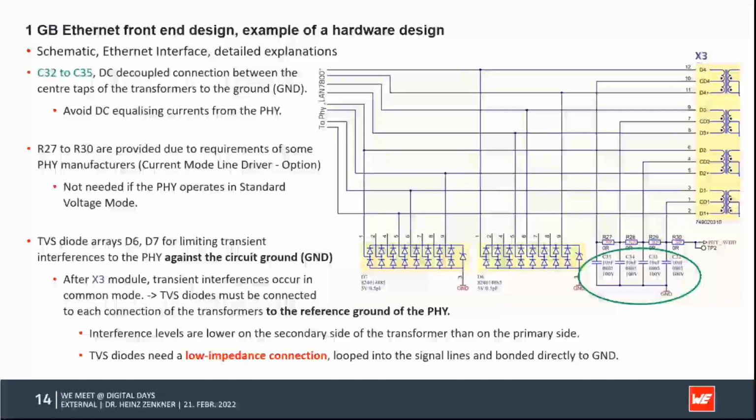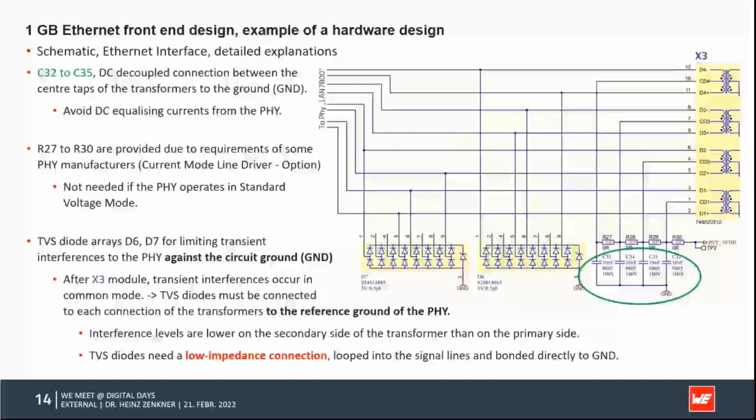So if you separate them by these capacitors, then you have a DC separation, and you do not short the DC offsets of the channels of the PHY. Depending on the PHY you have, it is normally described in the specification of the controller you use.